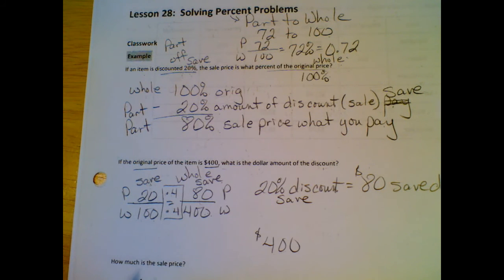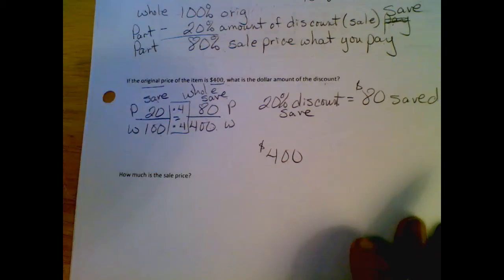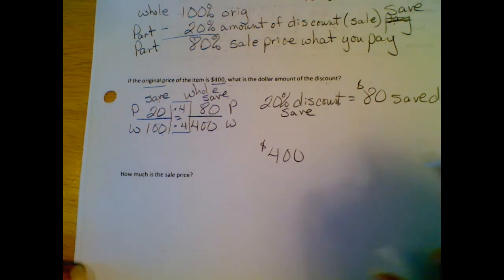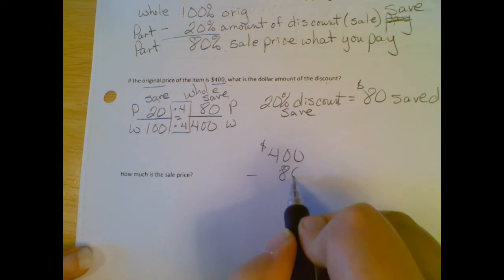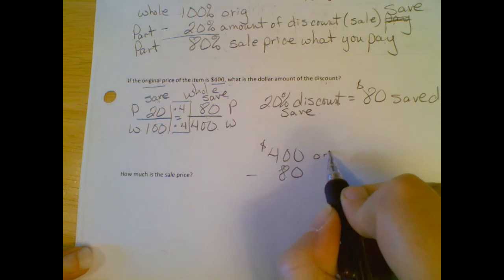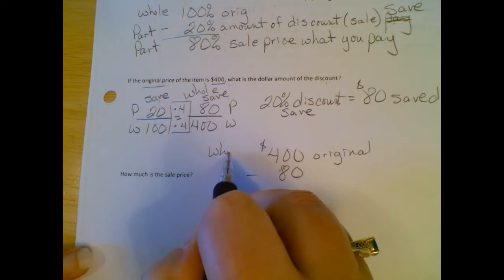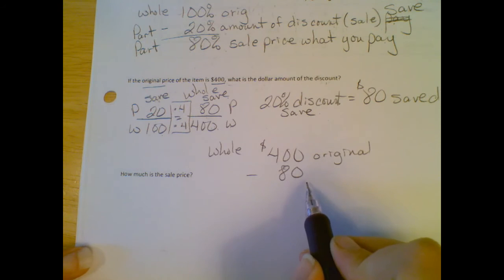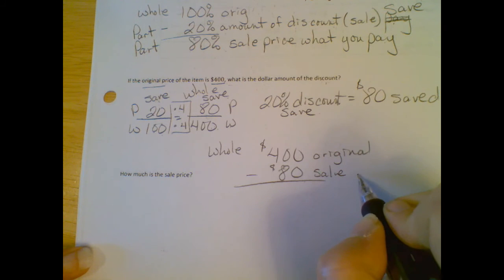So now how much is the sale price is what they're asking right here. 400 minus what I saved, 80. This is my original. Again, this is my whole. This is $80 off. This is the sale price. This is what you saved, the discount.